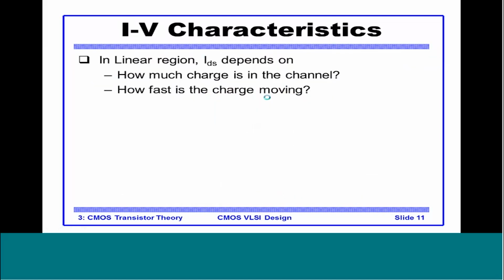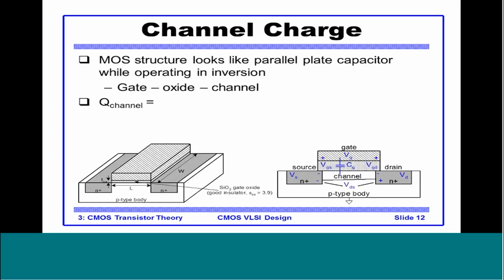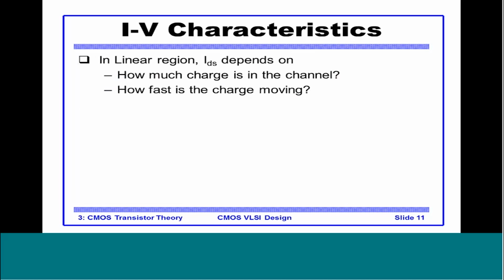So combining all three regions, we can make an IV curve of this device. IV curve means that we plot the voltage versus current and see how the current is affected by the voltage. We will see the IV characteristics in one of the later slides.